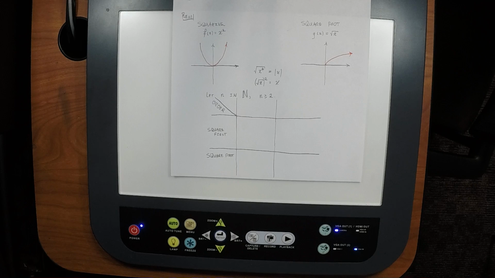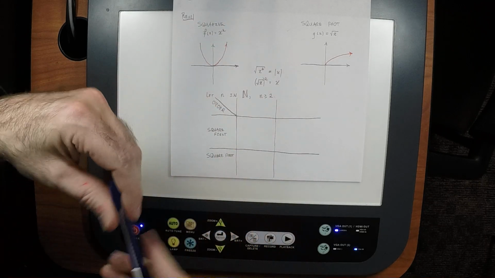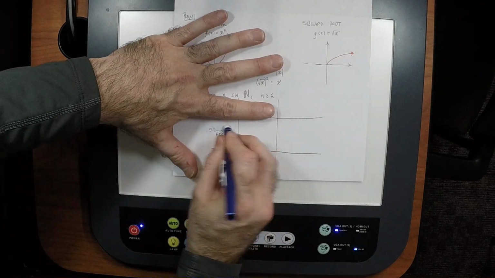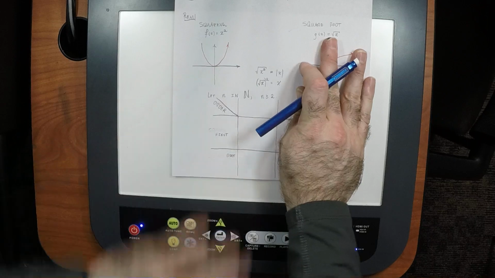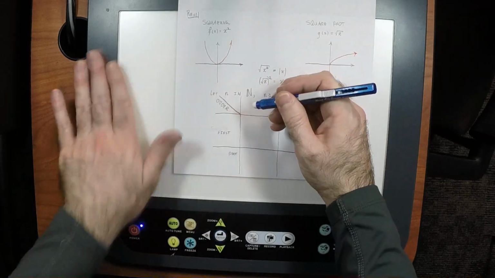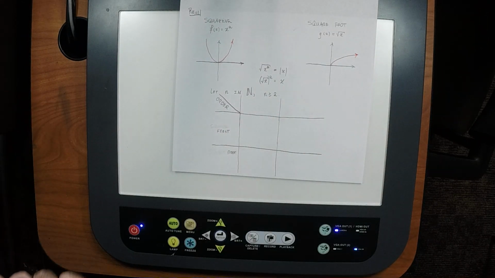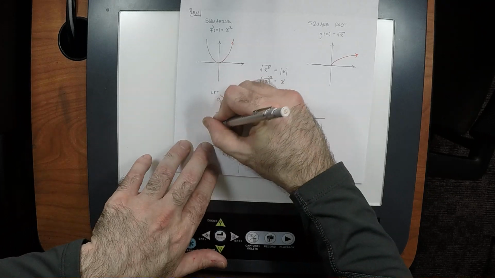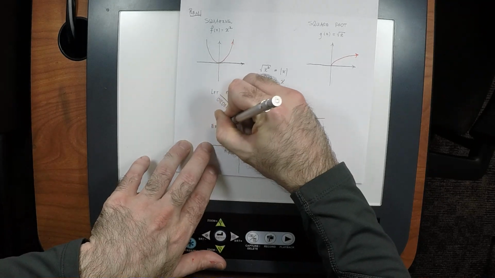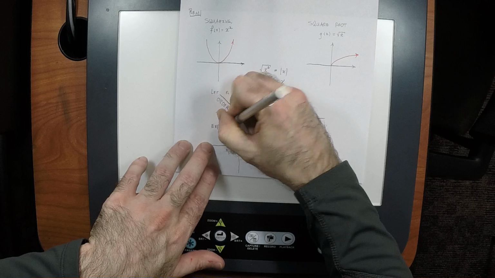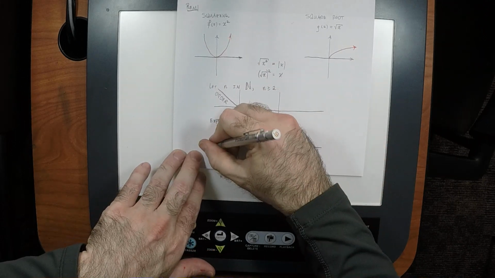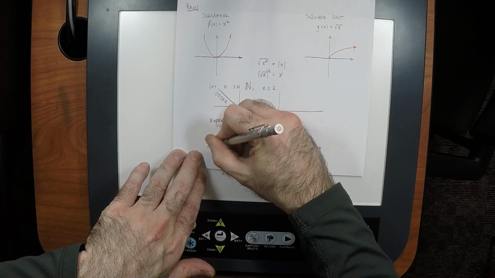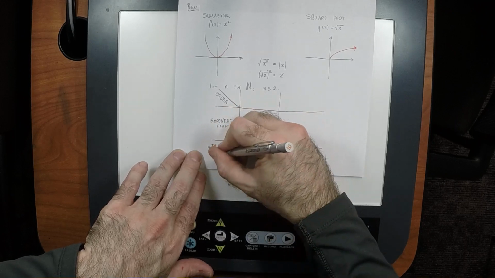Rather, I want to say just exponent, not necessarily square. So we'll raise to an exponent first, and then we'll do nth root first for this one.